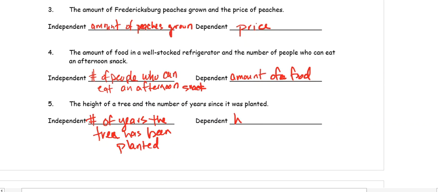And dependent is height of tree. The height of the tree depends on the number of years that it has been planted.